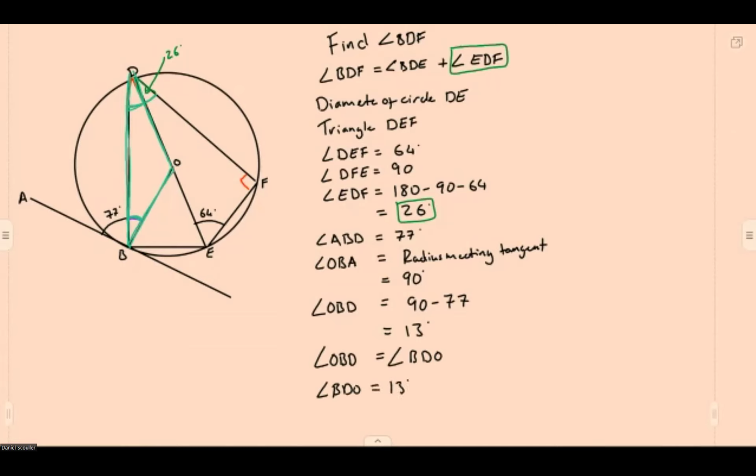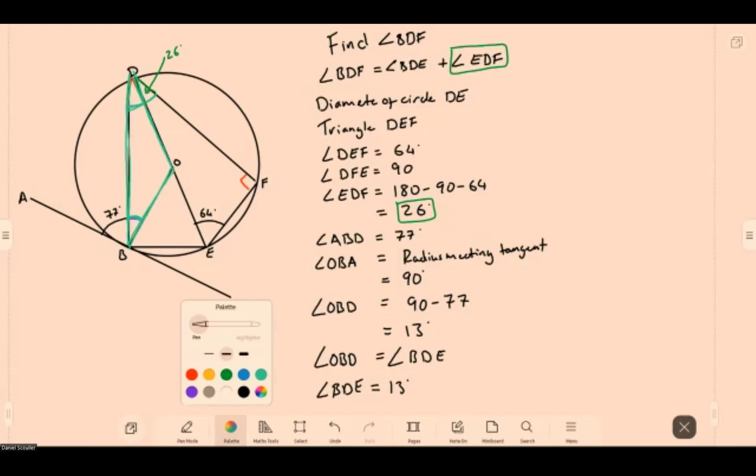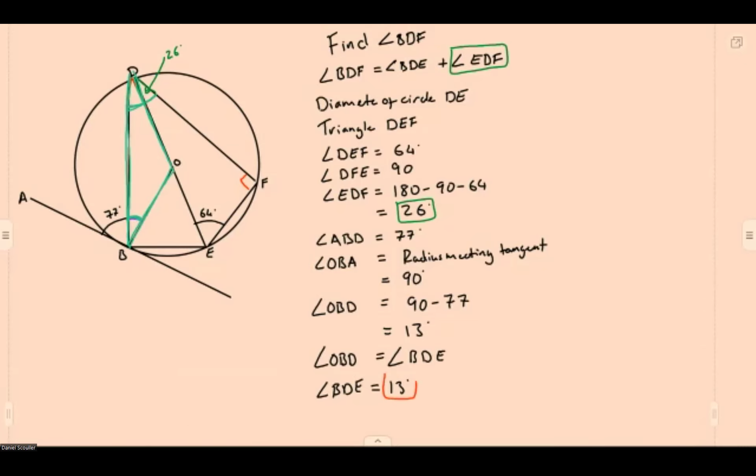So now BDO is the same as BDE. Now I've got BDE, which is the other part of that original equation.